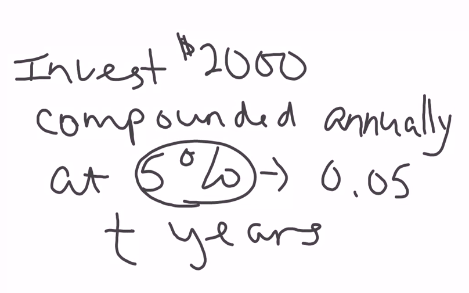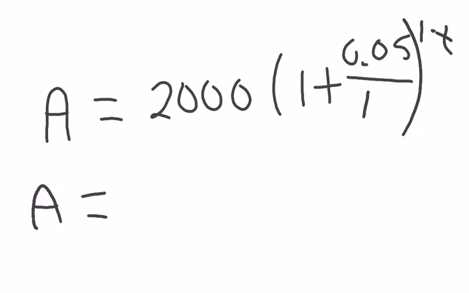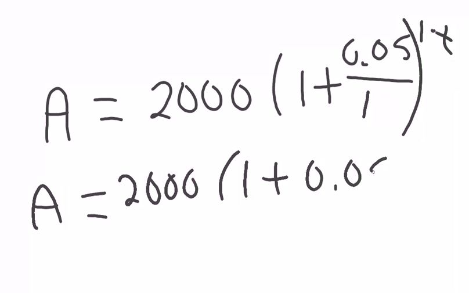So compounded annually means it's once per year, so that's over 1. And then we have that 1 times T, because they wanted to know how much after T years. So let's condense this a little bit. A equals 2,000 times 1 plus 0.05 to the T power. We could condense that a little more.